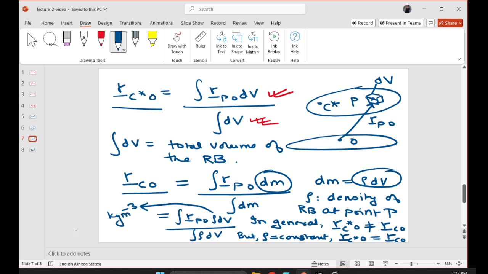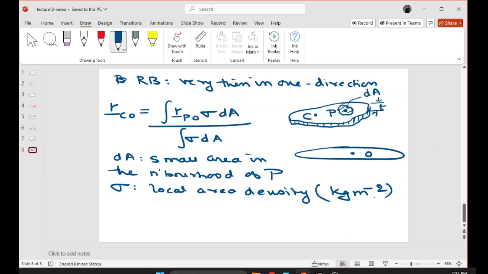The SI units are kg per meter cube. Here it becomes kg per meter square, and here this symbol is an area integral. Area integral.